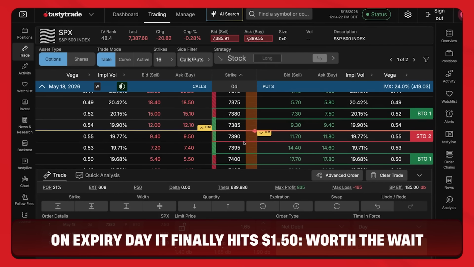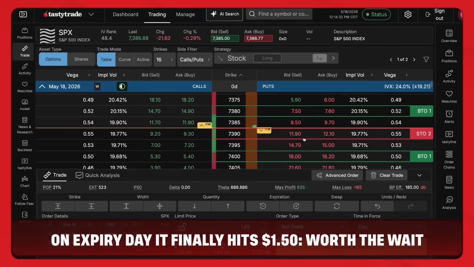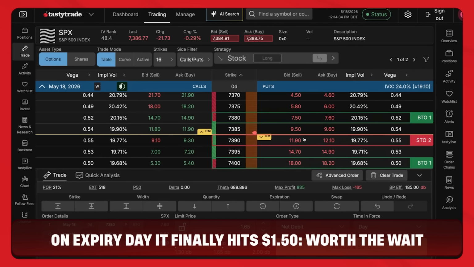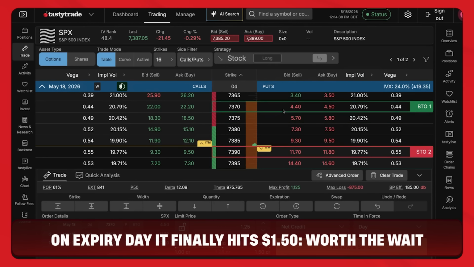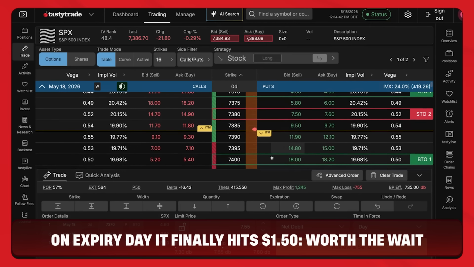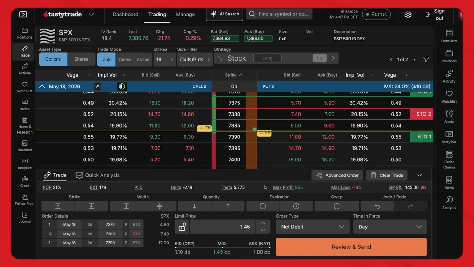If I were slightly bullish, I might buy the 7380, 7390, 7400 put butterfly, or I could do the call side. Either way, the butterfly price is going to be the same. So it's directional in that sense. If I were bearish, I might pull it down to the 7370s, 80s, 90s, 10-point butterflies. Again, it's still trading at $1.45.